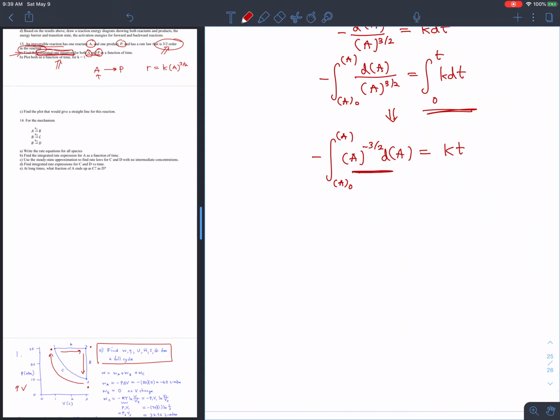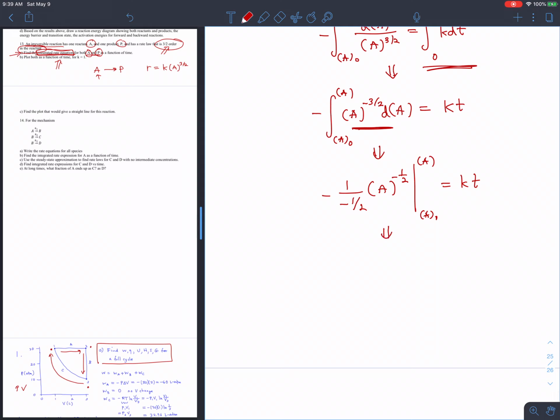This integral is a power law integral. That gives us minus 1 over minus 1/2 times A to the minus 1/2 power evaluated from A0 up to A, and that has to equal kt. The minus signs cancel, giving 2 times A to the minus 1/2 power, putting in the upper limit, minus A to the minus 1/2 power, putting in the lower limit A0, and that's equal to kt.